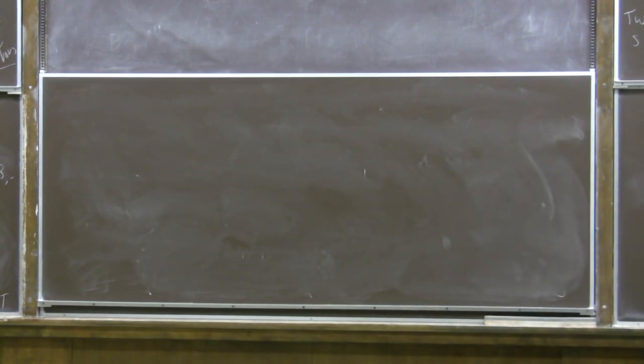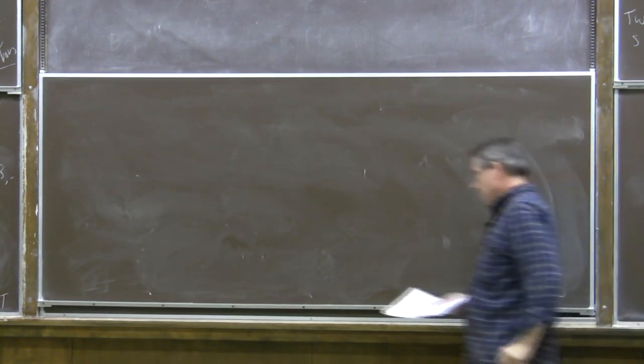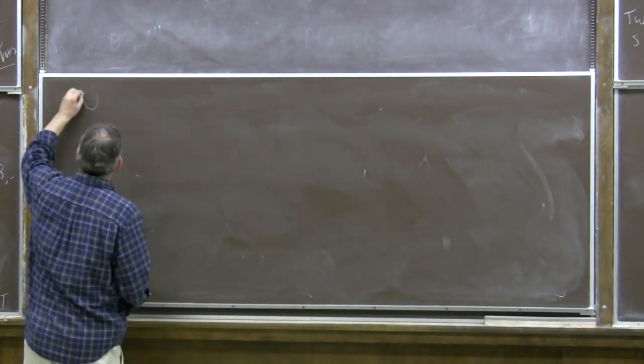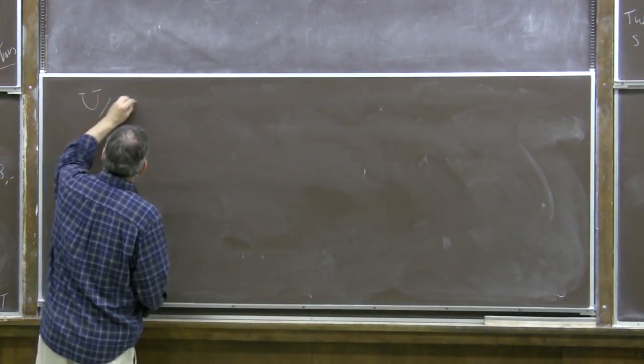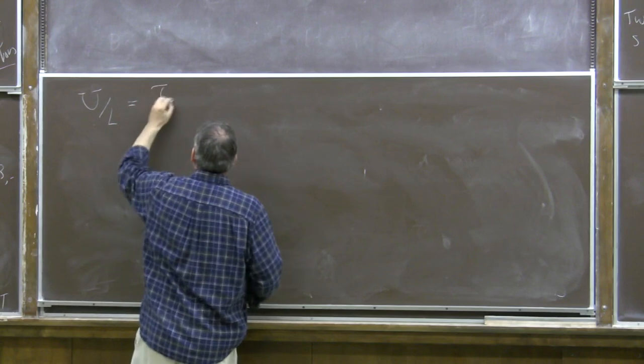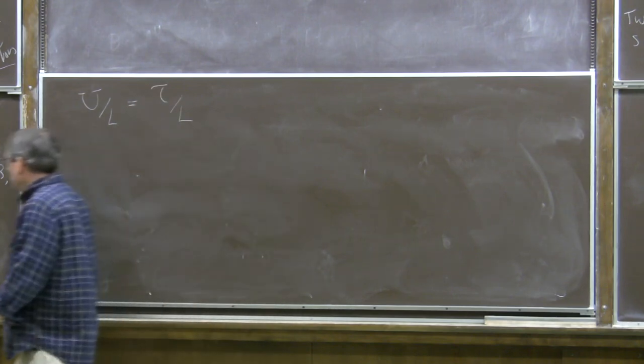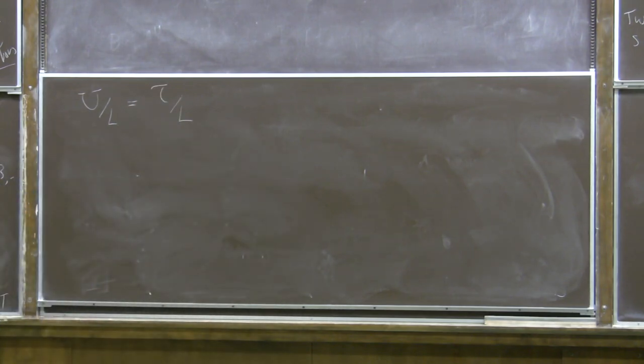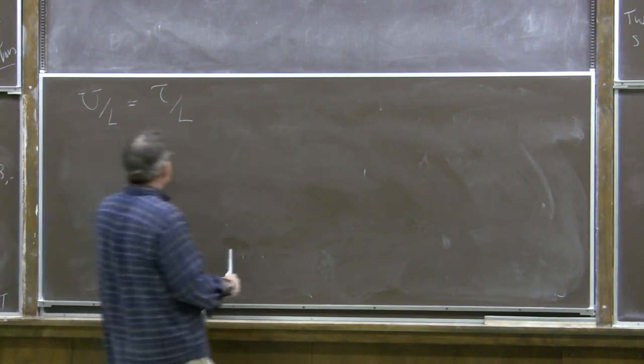So what's the energy per unit length in the cavity? So it's energy tau per mode divided by the length, as I'm computing the energy per unit length, and then a sum over modes.